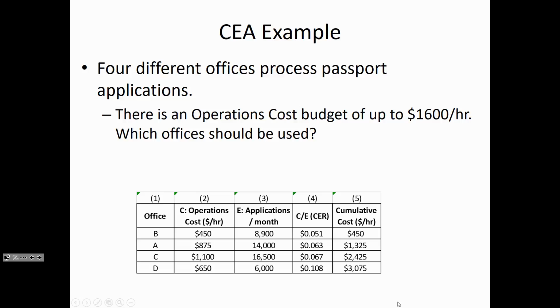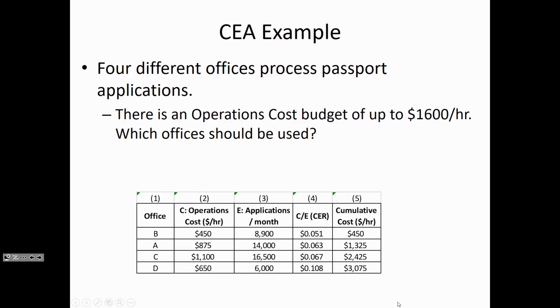Remember, we have to keep in mind the $1,600 per hour, and so if we're only choosing option B, then we're spending $450 per hour. But if we also fund Office A, the total cumulative cost would be the cost of Office B and the cost of Office A together, which is $1,325. And so $1,600 per hour means that we should definitely do B and A.